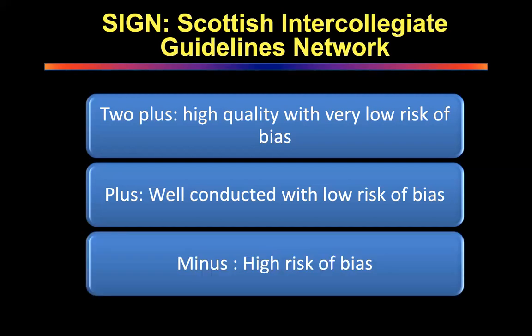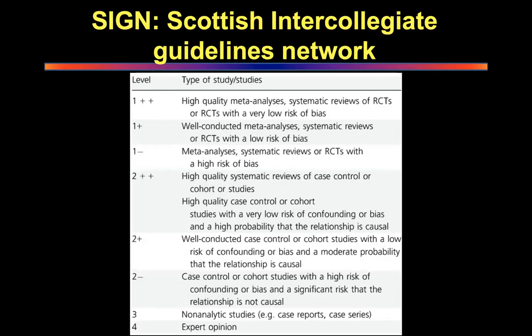And if you had a minus sign in front of the number, then there is a high risk of bias. When you put the first slide and this slide together, you get this graph. This is how the table is constructed: 1, 2, 3, and 4, with 2++, 2+, 2-, and 1++, 1+, 1-.